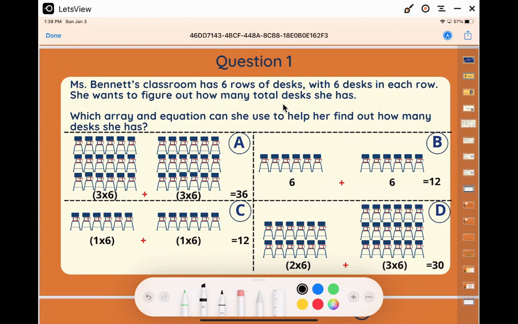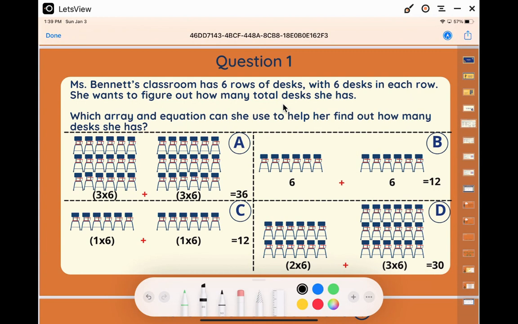Question 1. Miss Bennett's classroom has 6 rows of desks with 6 desks in each row. She wants to figure out how many total desks she has. Which array and equation can she use to help her find out how many desks she has?